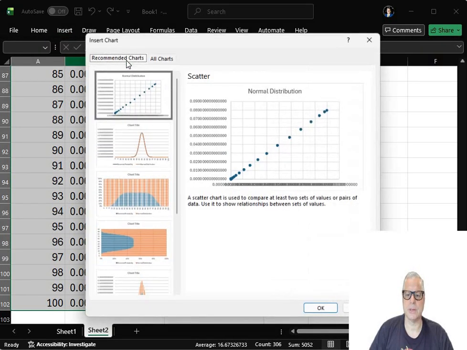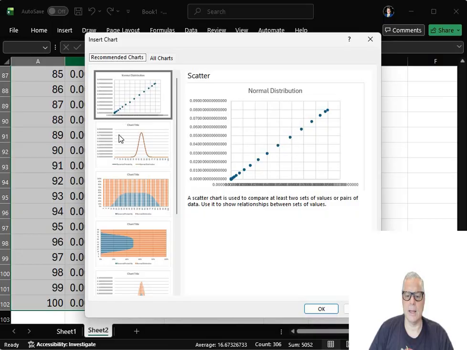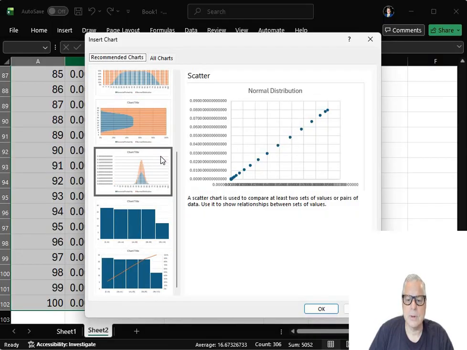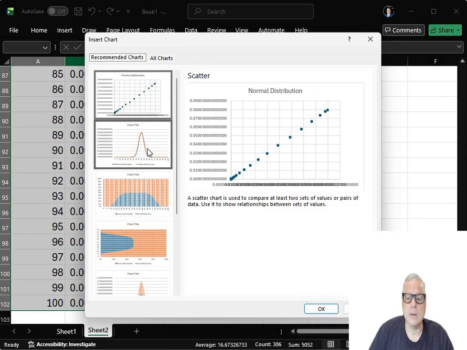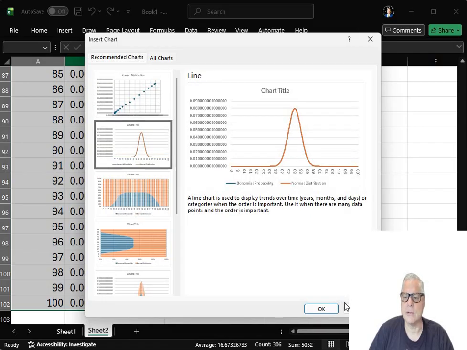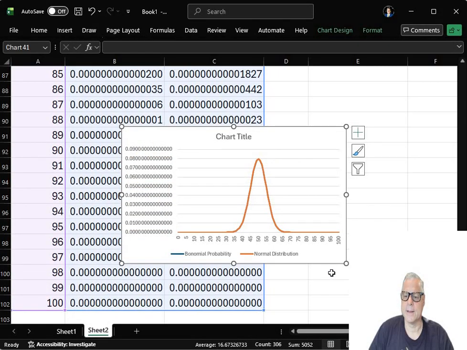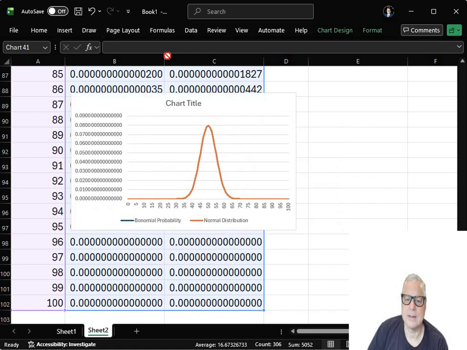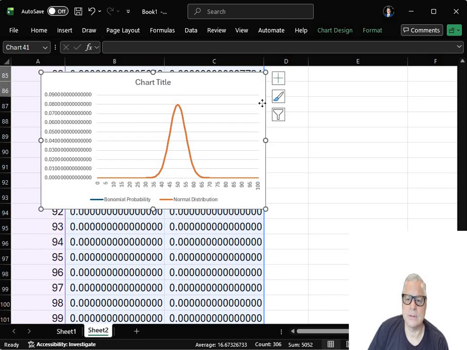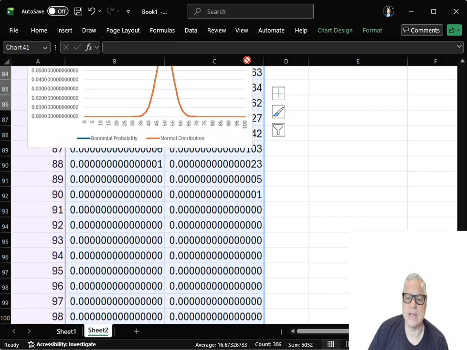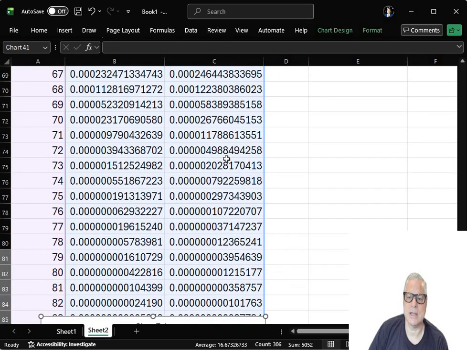Insert, recommended chart, and I think let's take this one here. And you see that there's barely any difference. I mean, you cannot detect a difference. They are literally the same.